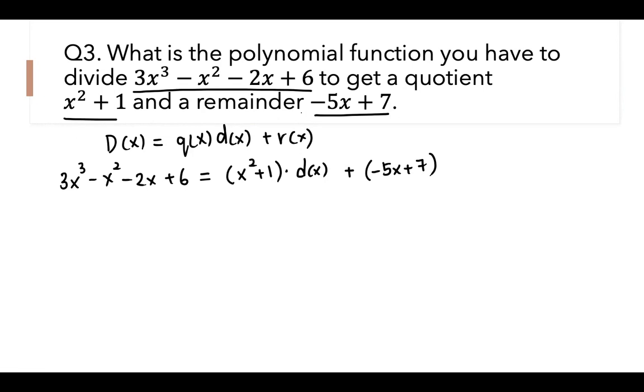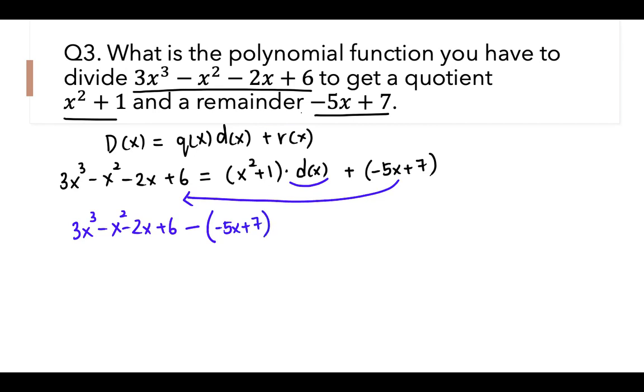So treat it as if this is like one variable. So to do that, I'm going to move this to one side first. So 3x cubic minus x squared minus 2x plus 6 minus negative 5x plus 7 equals x squared plus 1 times d of x.